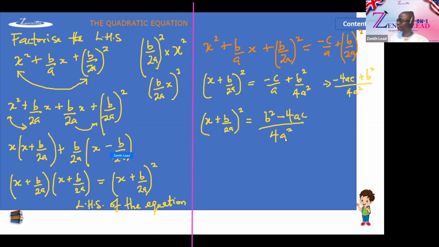Now, we would now find the square root of both sides.